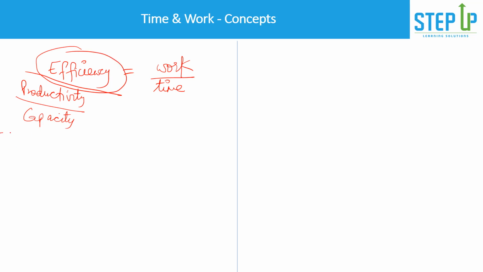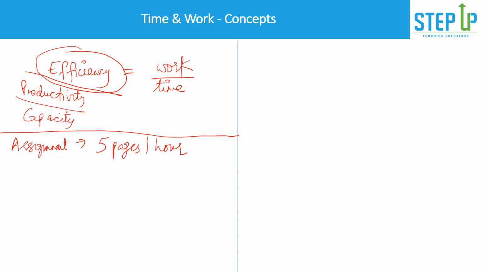So for example, let's say you are currently working on an assignment. And let's assume that you're copying the assignment from your friend. Now, not the best of the examples, but let's say for example. So you're copying from your friend's notes, and your speed of doing the work, that means your efficiency of doing the work, is, let's say, you're able to copy 5 pages per hour.